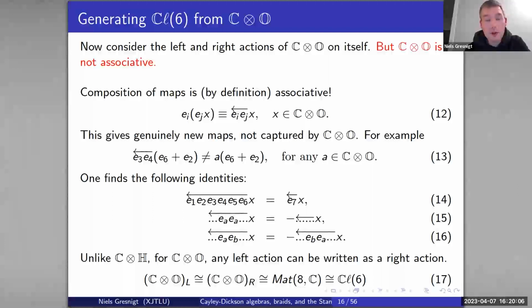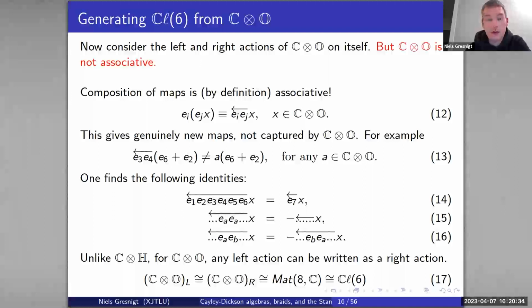Now, if you look at all the different possible actions that you could do from the left, you find that you end up with new maps that you cannot represent just as a single octonion acting on another octonion. And so in total, you find 64 different maps, and these end up generating the complex Clifford algebra CL6, which is isomorphic to 8x8 complex matrices.